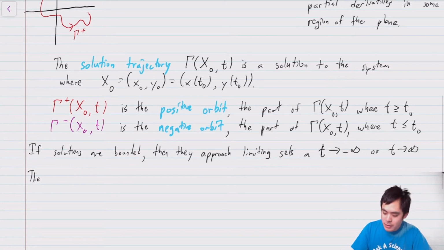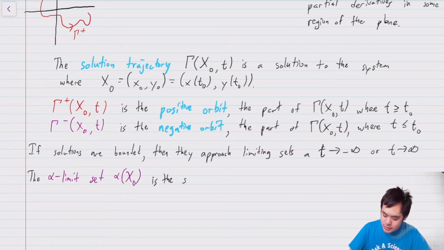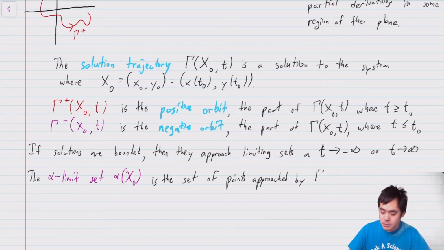What we're going to call the alpha limit set, alpha of x naught, is the set of points approached by gamma minus as t goes to negative infinity.